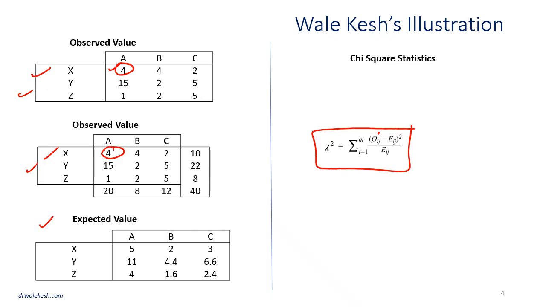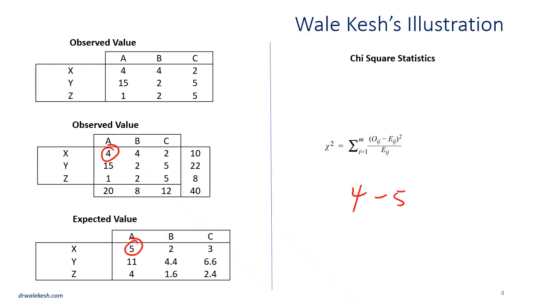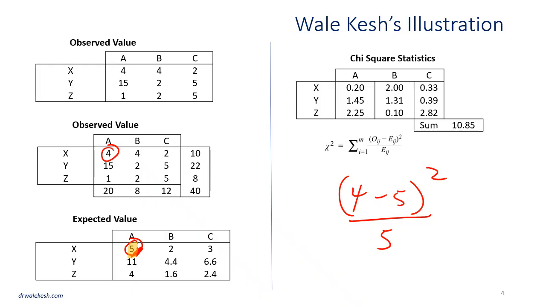Then we also have our expected. So observed, which is 4, minus the expected, which is 5, all squared, all over the expected. That's 5. So if you solve for that, I expect you to get 0.20.